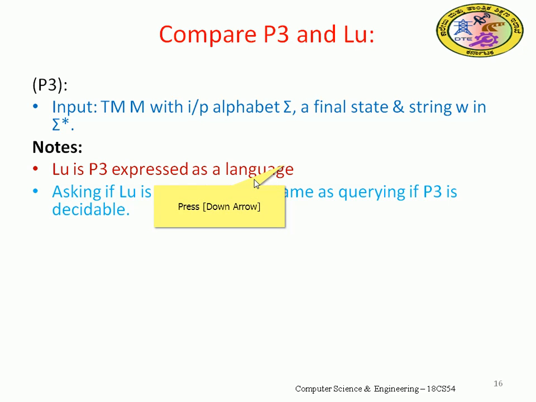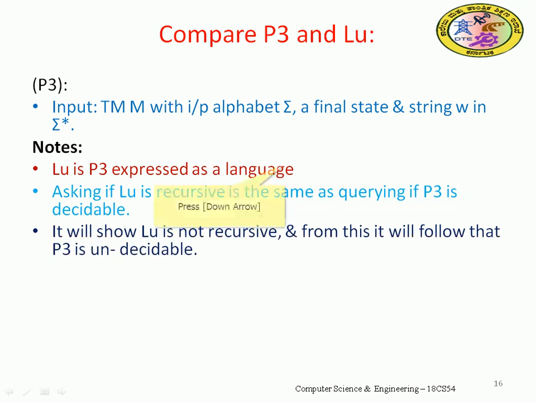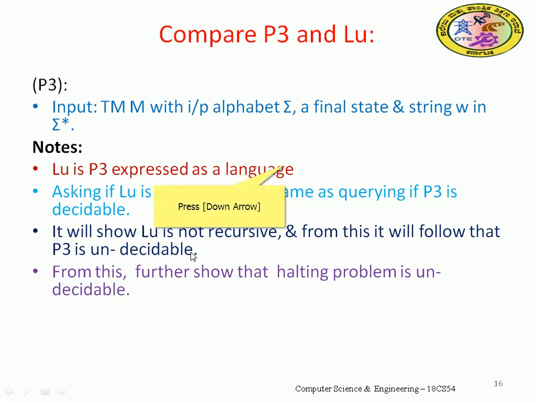Asking if the universal language is recursive is the same as querying if P3 is decidable. It will be shown that LU is not recursive. From this it will follow that P3 is undecidable, and from this we further show that the halting problem is undecidable.